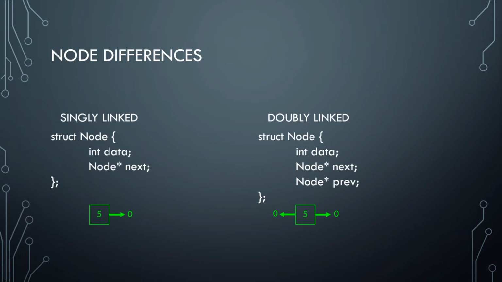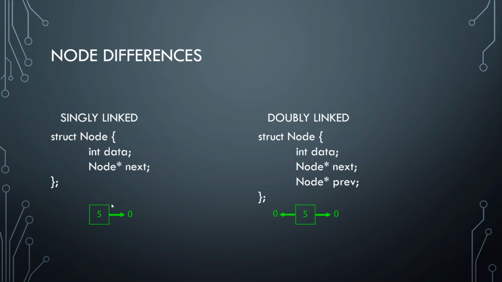The one on the left here, we can see, is for a singly linked list. And basically what that means is that each node is connected to one other node, that node being the next one in the list.